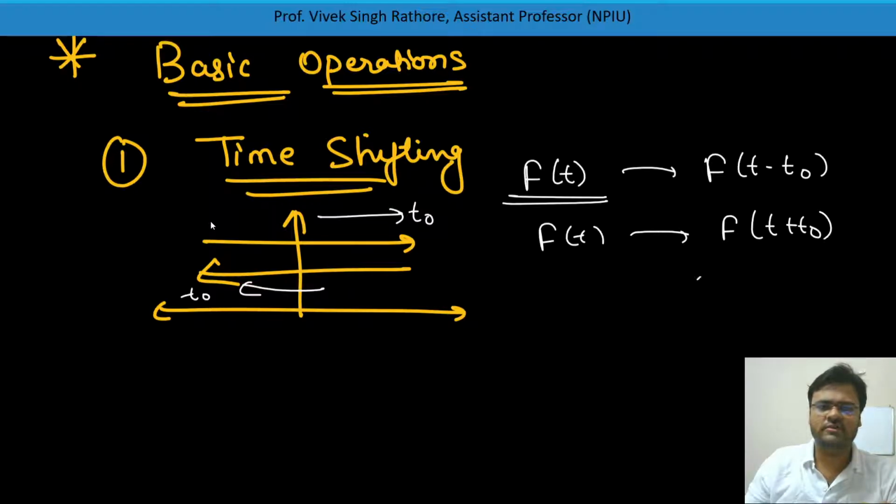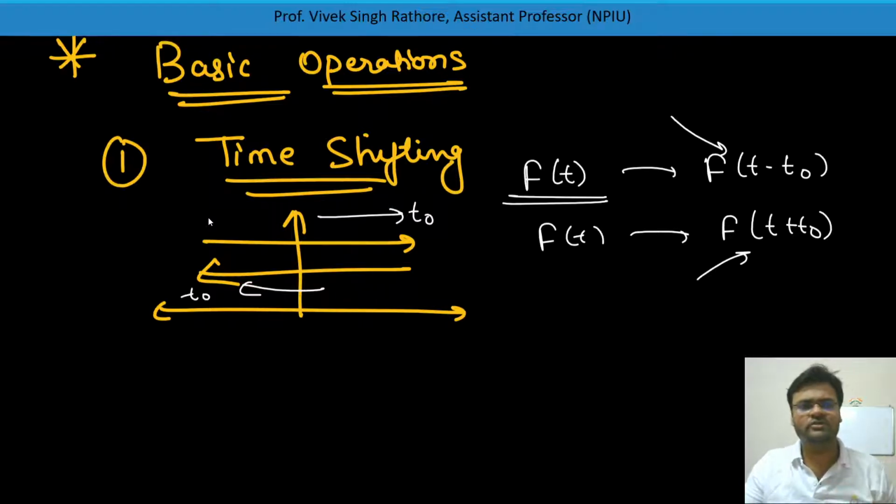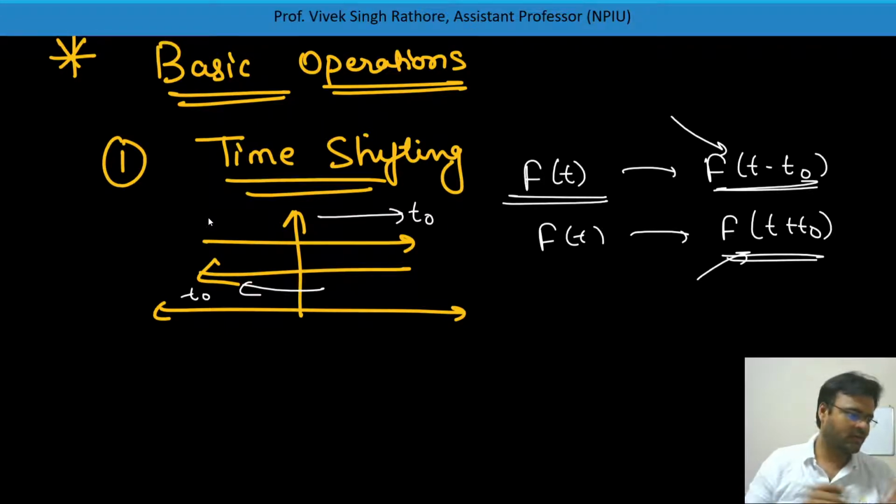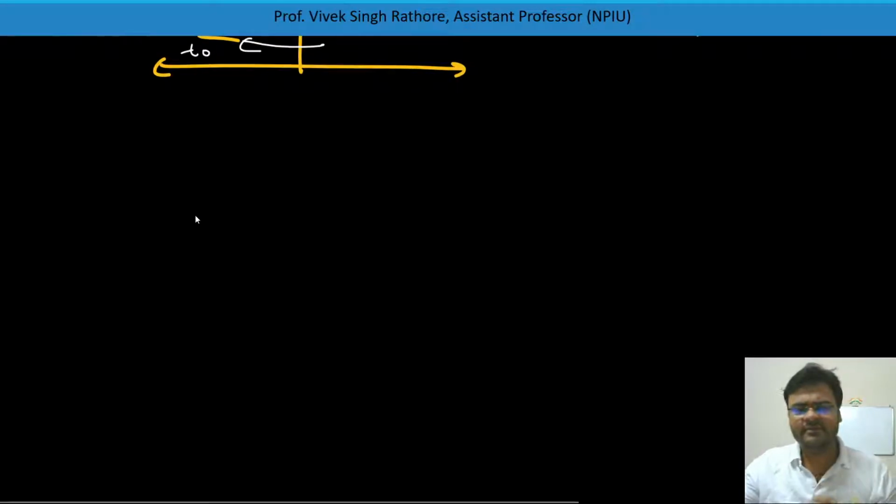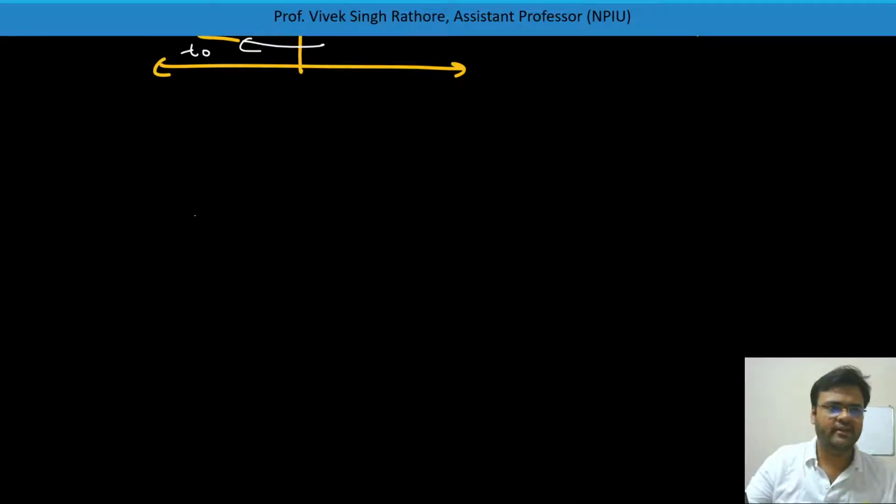This is called advance and the other is called delay. So f(t minus t naught) is called the delayed signal and f(t plus t naught) is called the advanced signal. Let's take some examples to understand it.